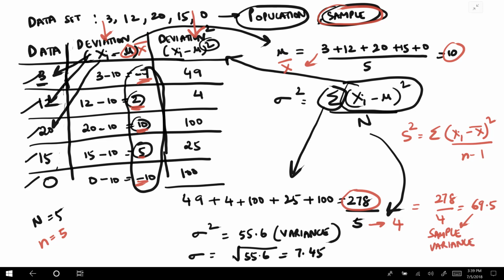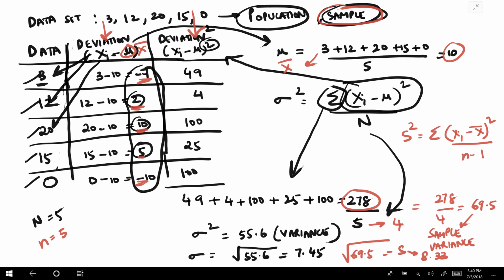So if we do square root of 69.5, we should get a sample standard deviation which would be 8.33.